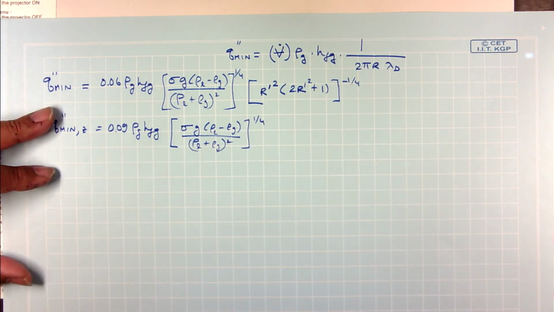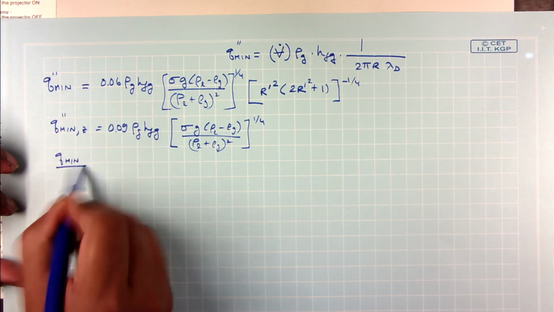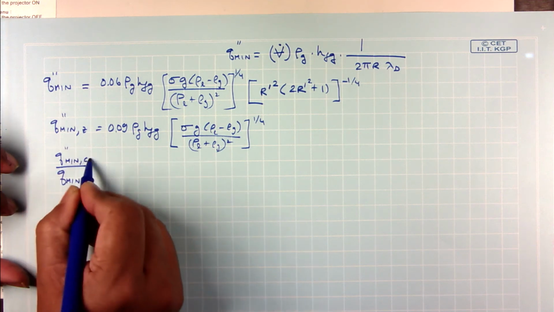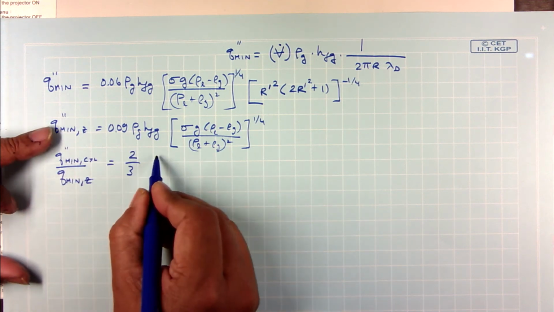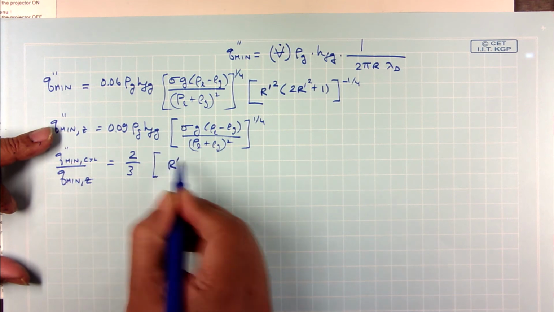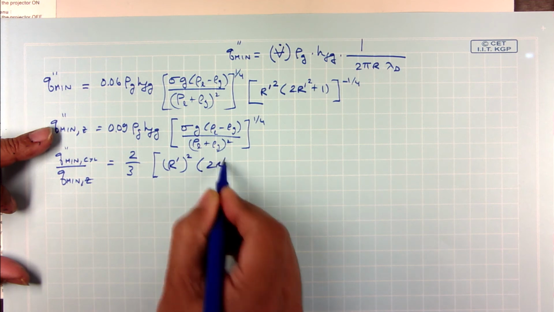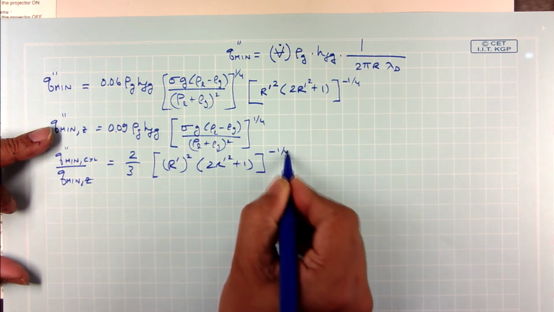Okay. So, if I do the derivation, then my q min divided by q min Zuber comes to 2 by 3 times r prime squared times (2 r prime squared plus 1) to the power of minus 1/4.